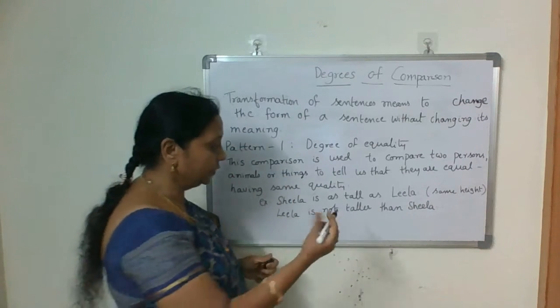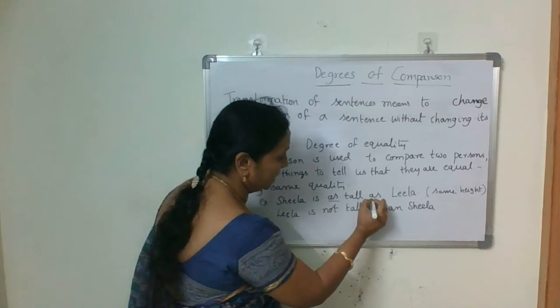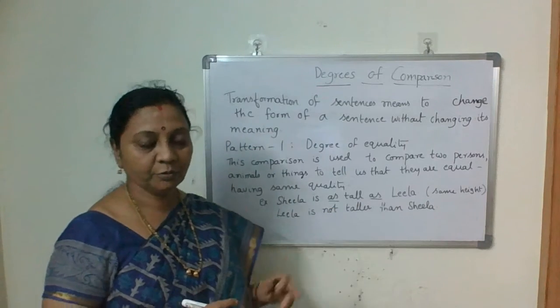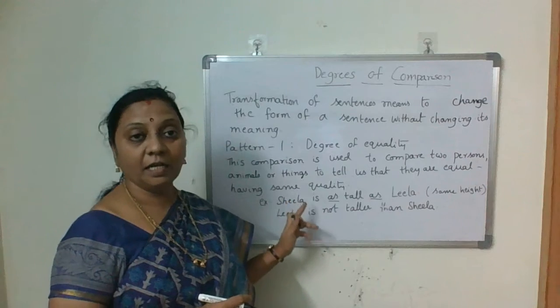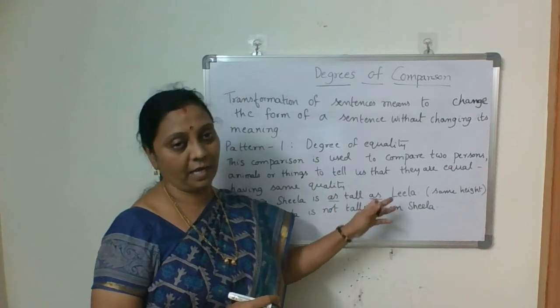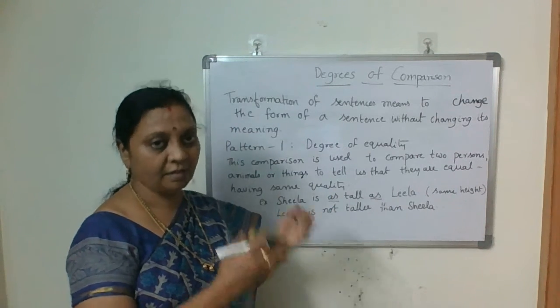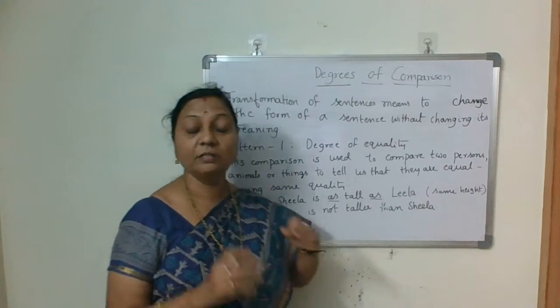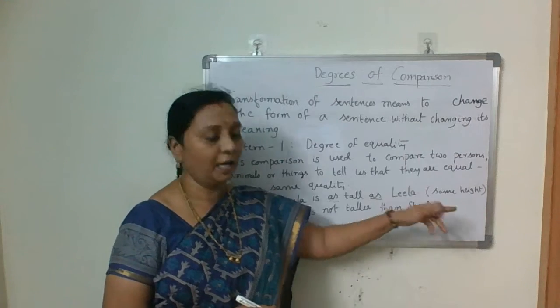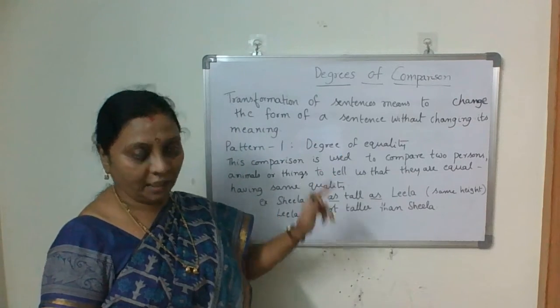This is positive degree, we use the expression as. Tall, anyhow you know that it is in positive degree. Then in positive degree, what do we use? As. Sheila is as tall as Leela. It means I am saying that the two girls are of same height. That is degree of equality.